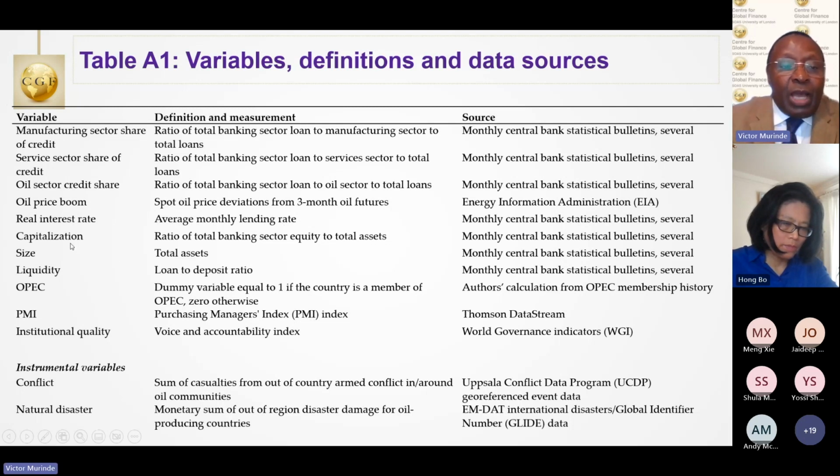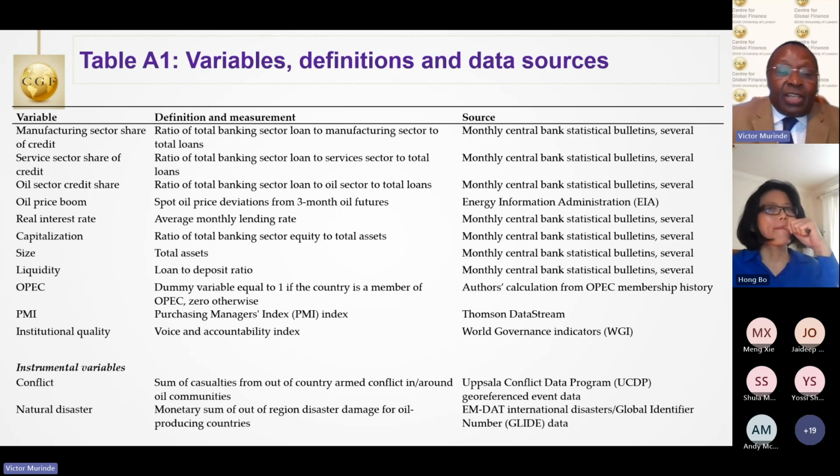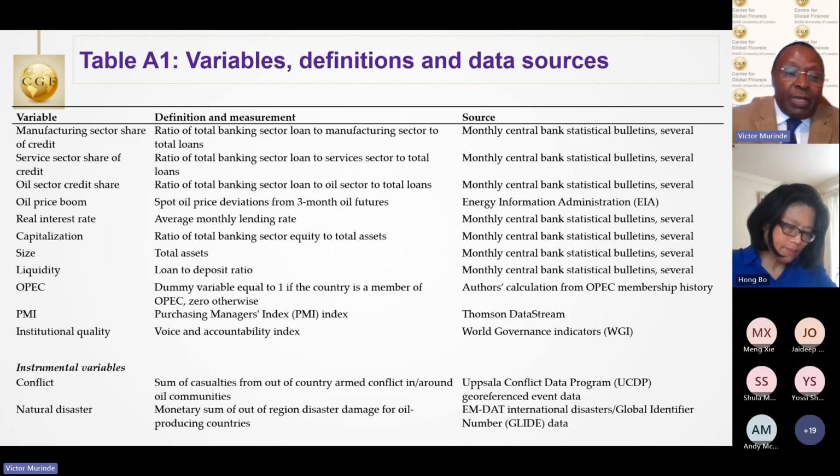Then we have the capitalization variable among the controls, the ratio of total bank sector equity to total assets, and size, measured by total assets. Of course, some in the banking literature measure size in terms of number of employees, but we want to stick to the corporate finance dimension of the banking literature. And also liquidity, in terms of loans to deposits.